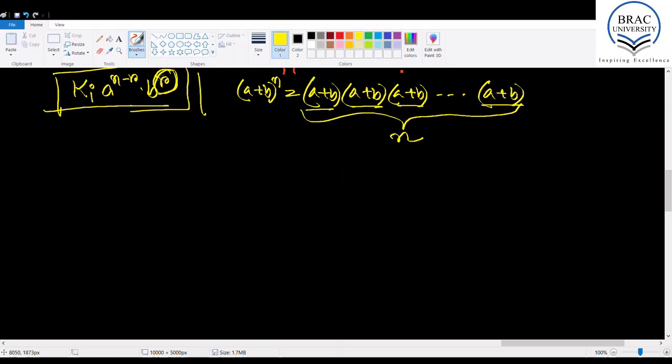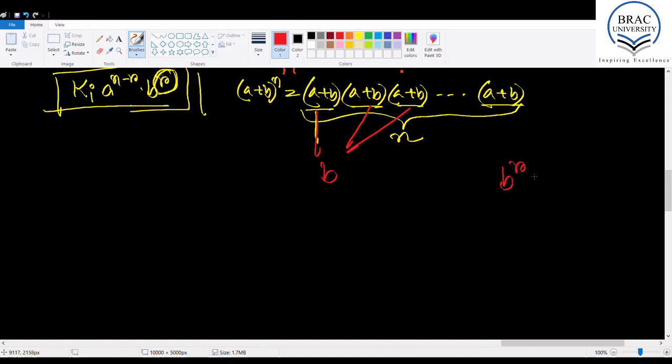Now there can be a question: which r of these n factors will provide b? Is there only one way? No. See, we can choose the first r options, which will provide b. We can choose the last r options, which will provide b. So b to the power r can appear in many ways, right?